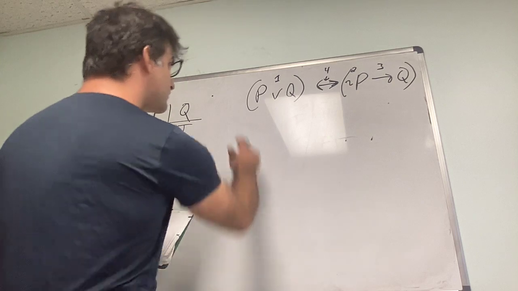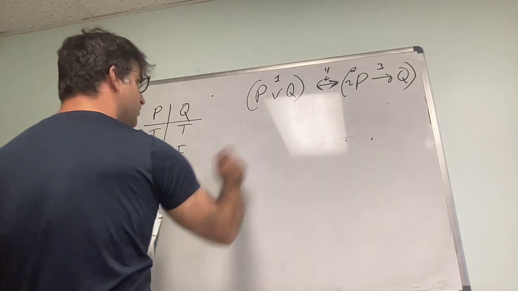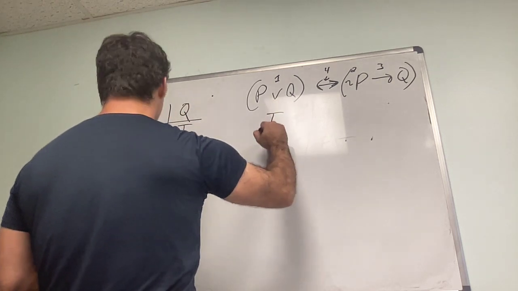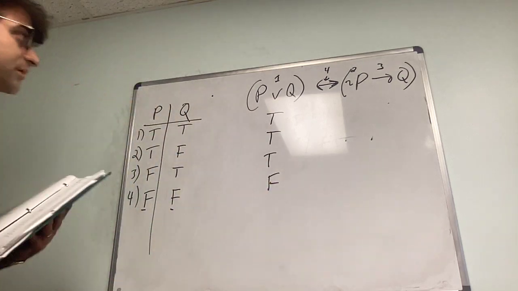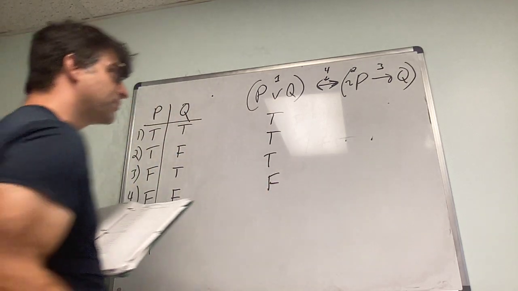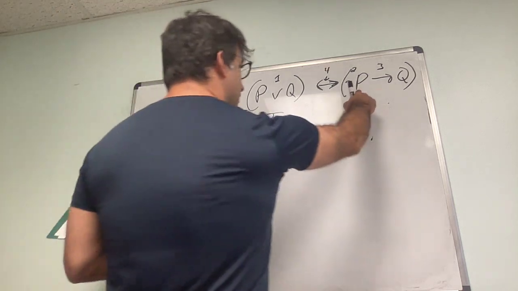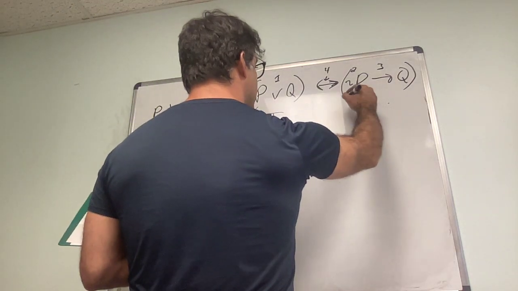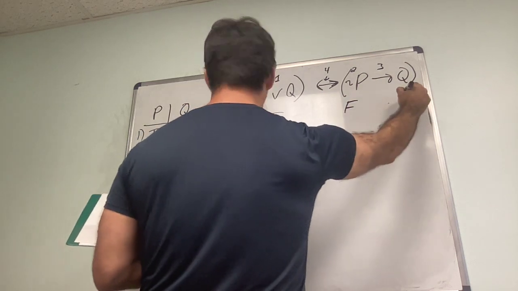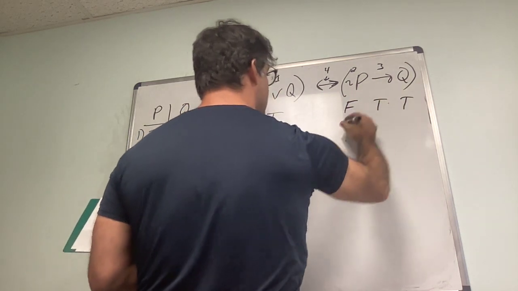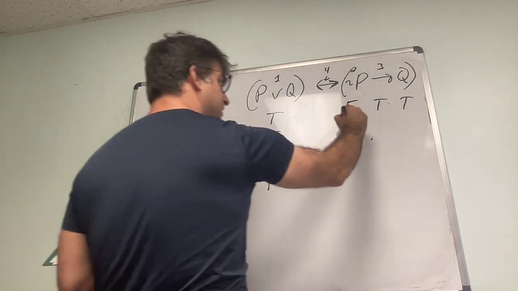Okay. P or Q is a straightforward one. We know how that goes, right? True, true, true, and false. Okay. We come over here. When P is true, not P is false. So we have false arrow true, which is true. When P is true, not P is false.